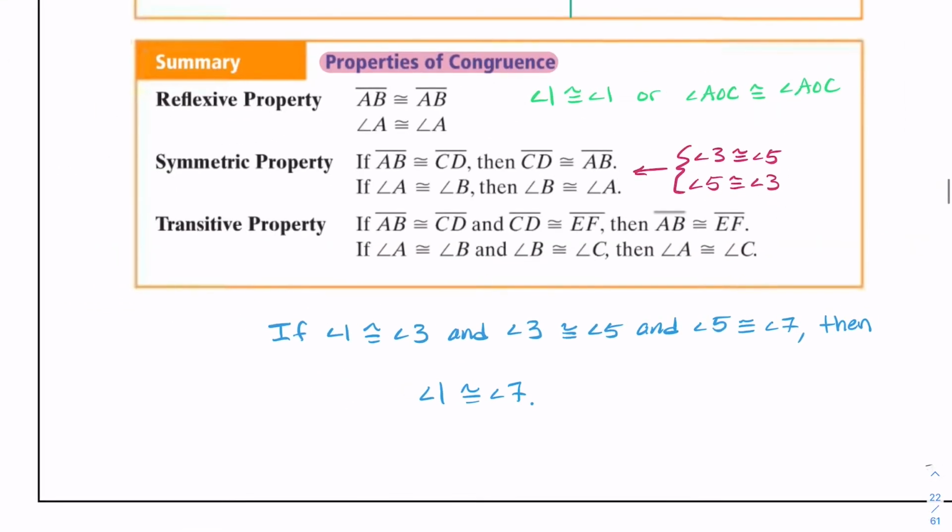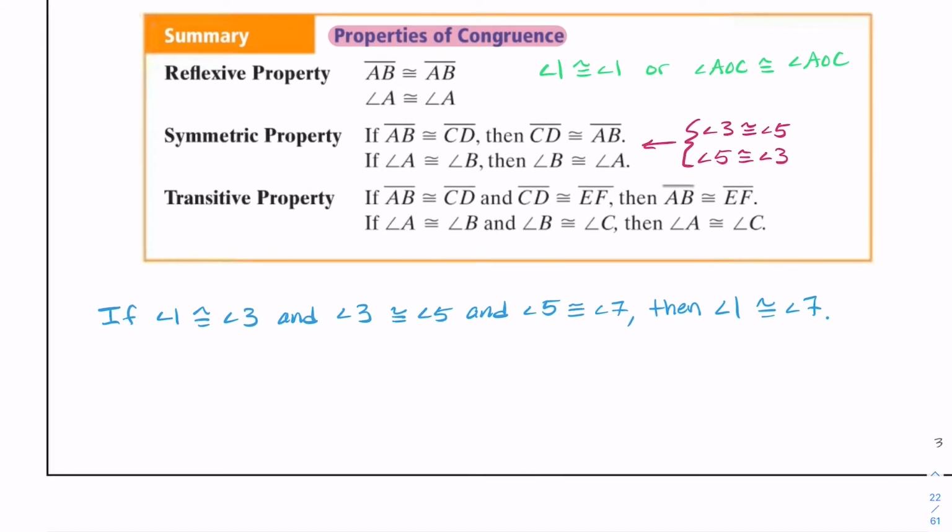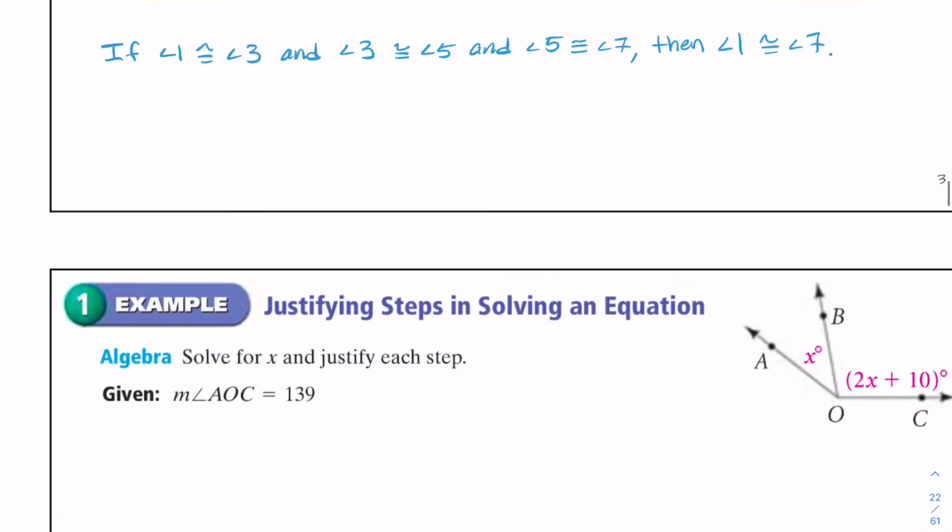All right, that is another way we can write it. That's just like a compounded transitive. I just want to go a little bit further and show you that you can keep going and going and going with this.